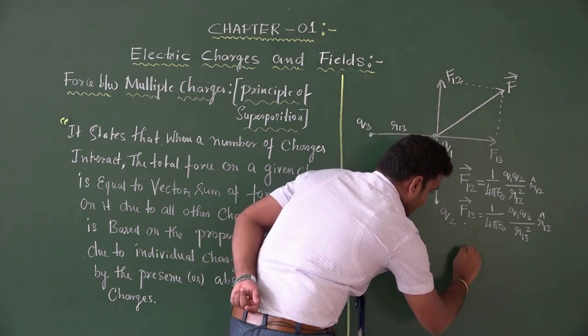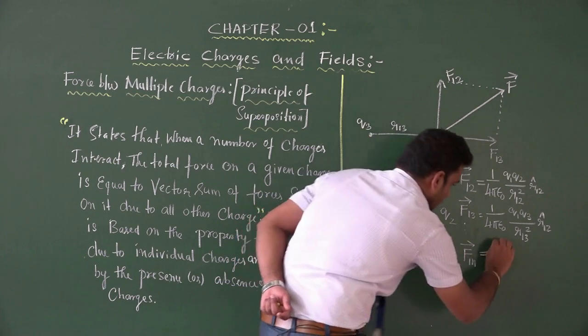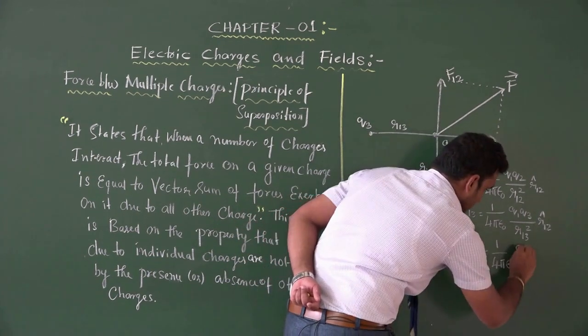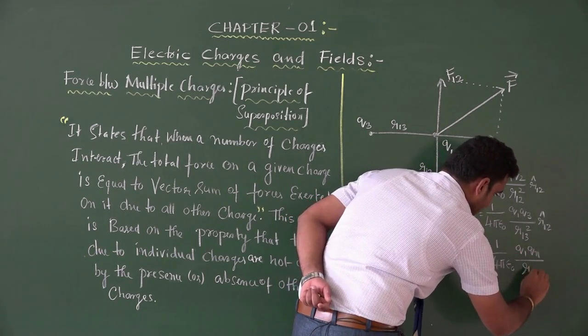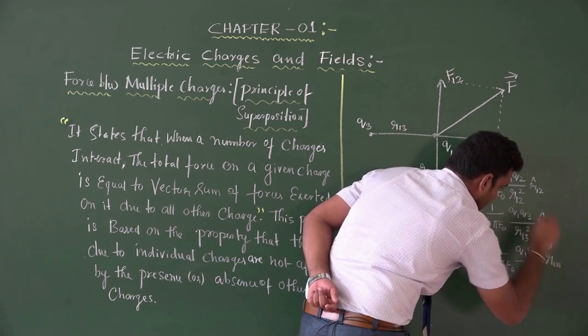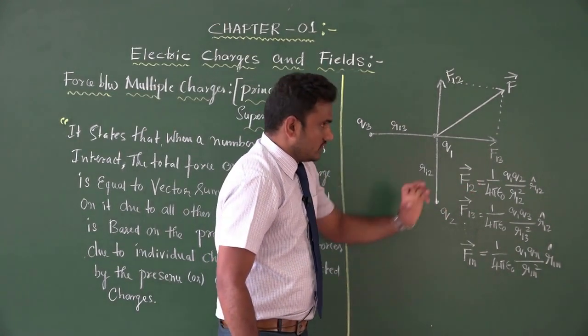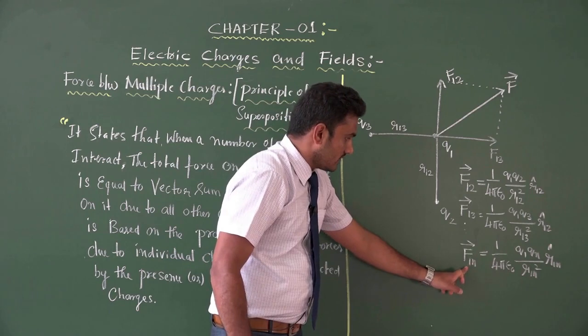Similarly, for n number of charges, we can write F vector 1n is equal to 1 over 4 pi epsilon naught Q1 Qn divided by R1n whole square R1n cap. Force between Q1 and Q2, force between Q1 and Q3, force between Q1 and Qn.